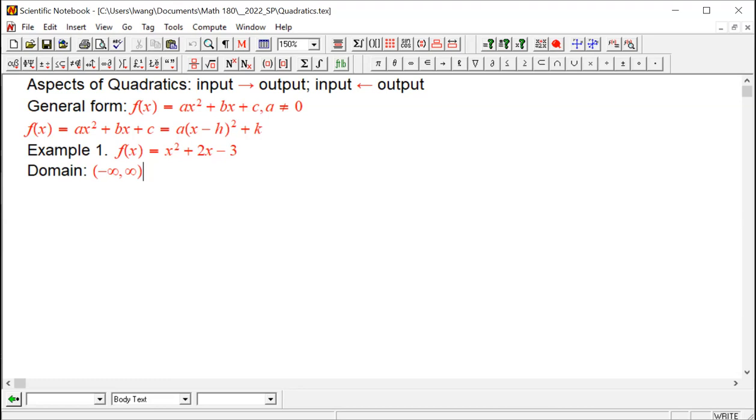So we know this is a parabola, and this parabola has a lowest point. We know a equals 1, and it's positive, right? So the parabola opens up. So it has the lowest point.